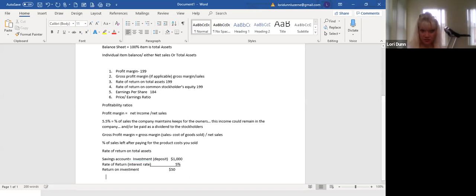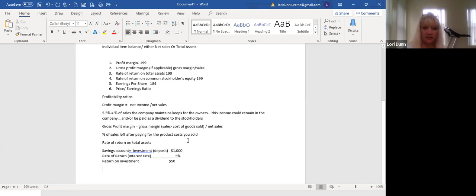What this is doing is telling the rate of return on the investment in the assets. Now, how do we achieve that? What is the return on assets? What is the return on investment of assets? It's net income, how much money the company made. The investment in a savings account makes $50 of income.